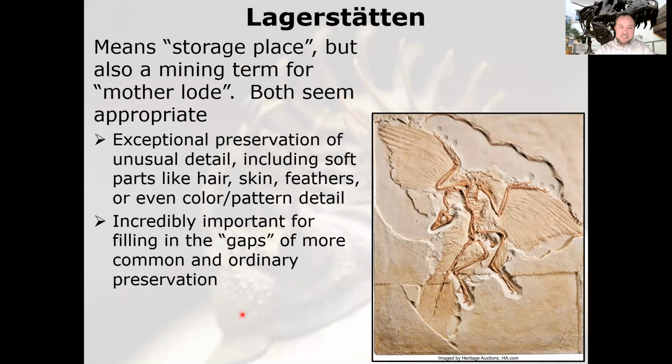So how do we see anything in the rock record if it's so unlikely? There are these places called Lagerstätten. It's a German word. It means storage place. It's also a mining term for the mother lode. And it's just these rare geologic formations, these rare pages of the rock record that provide higher than usual preservation. So this is the famous Archaeopteryx from the Solnhofen limestone in Germany.